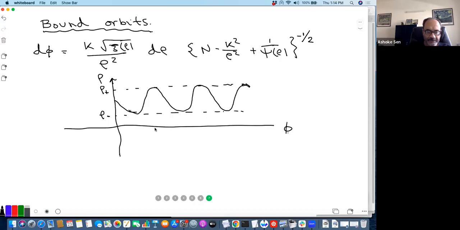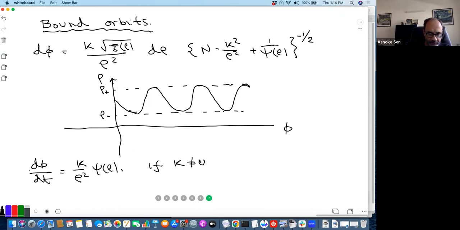Now, when I say as phi increases, let me also write the other equation: d phi dt was given by k over rho square times psi rho. So you see that if k is not equal to 0, then d phi dt is never 0. If d phi dt is never 0, then it cannot change sign, because in order for it to change sign, d phi dt has to go through 0.